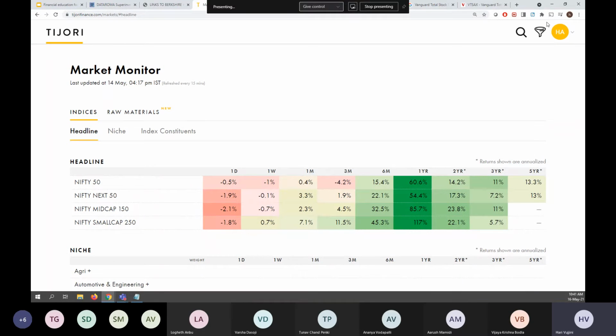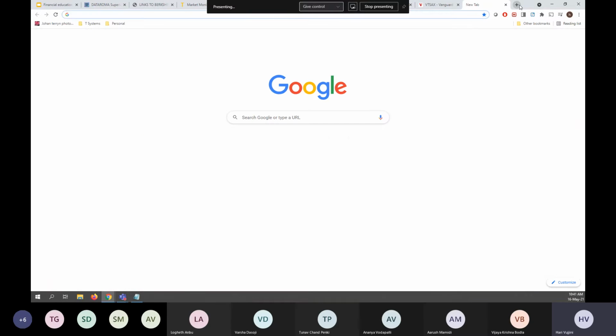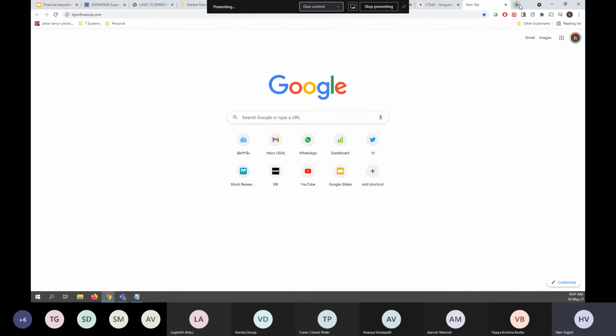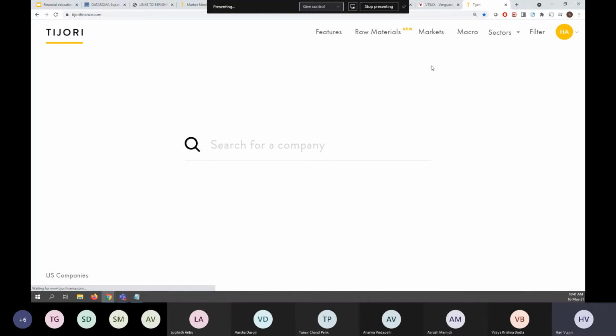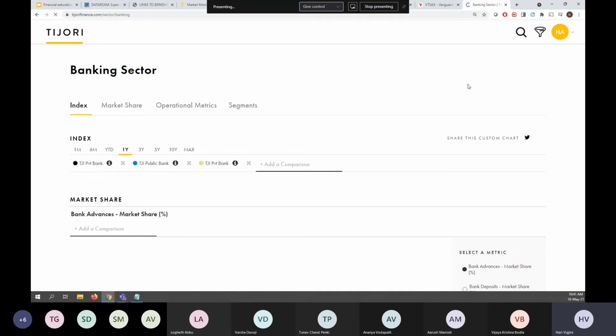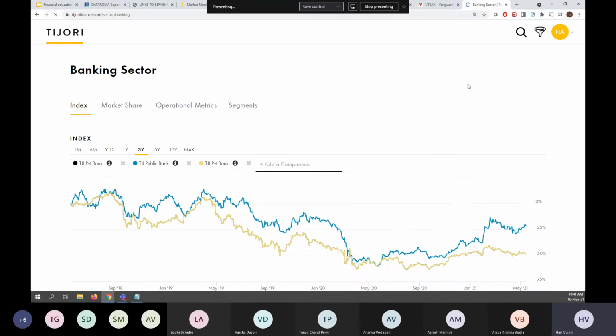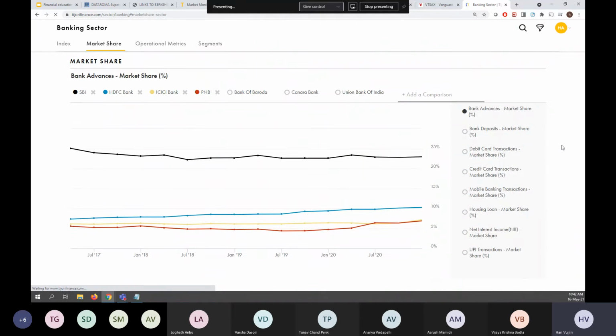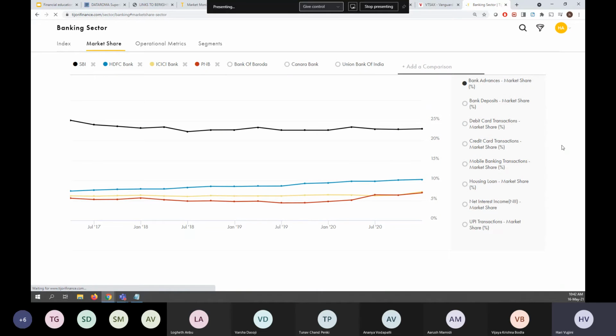Maybe I can show you. Market cap is different from market share. So let me show you the same. I'm showing you the market share of the banks. If you say market share, let's say we have 100 people in India, how many of them are using these big banks?